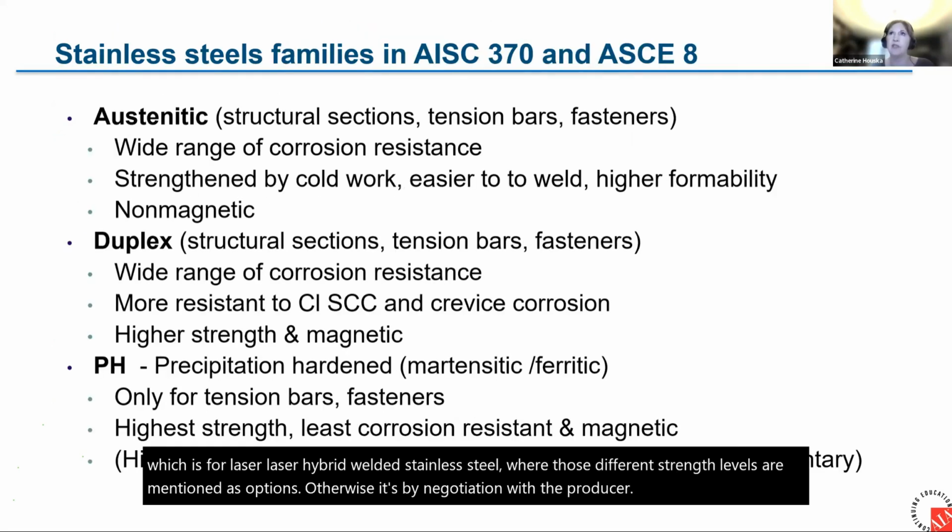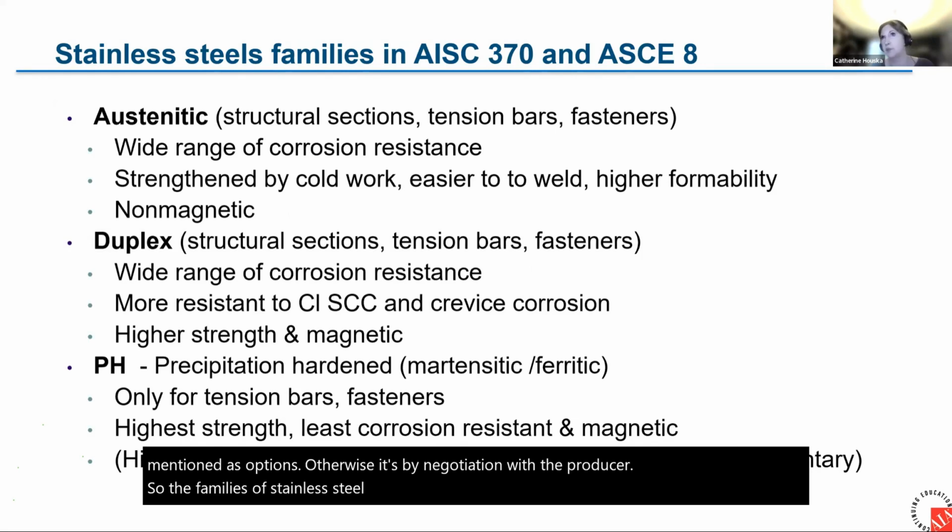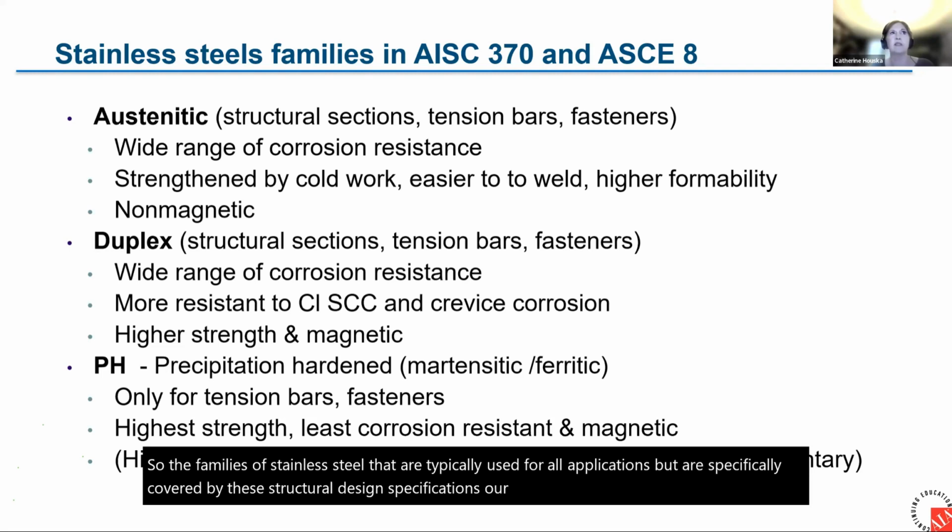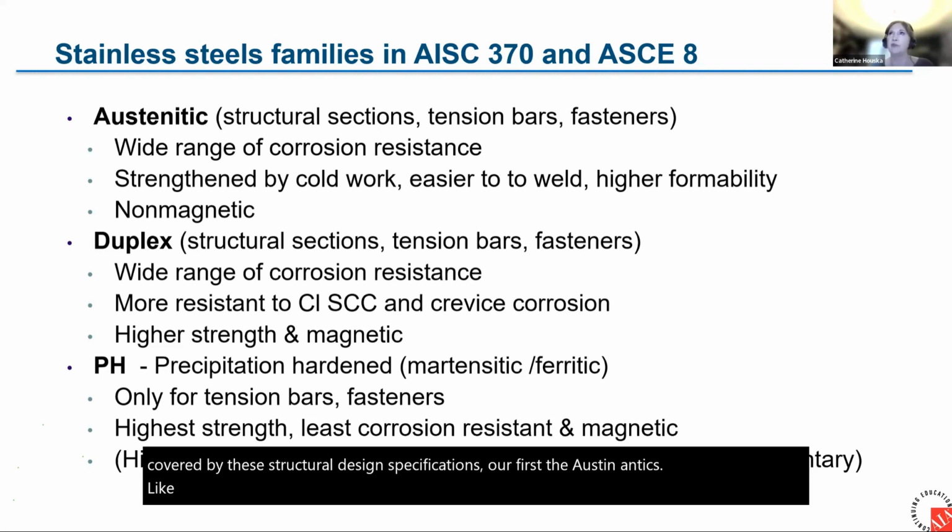So the families of stainless steel that are typically used for all applications, but are specifically covered by these structural design specifications, are first the austenitics, like 304 and 316, which many of you will be familiar with.